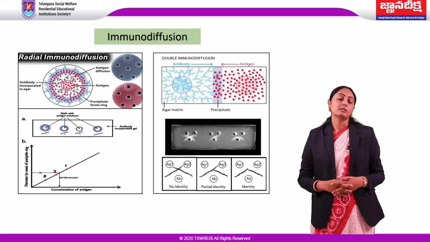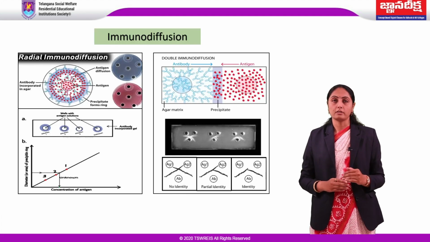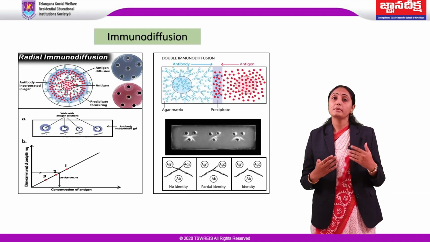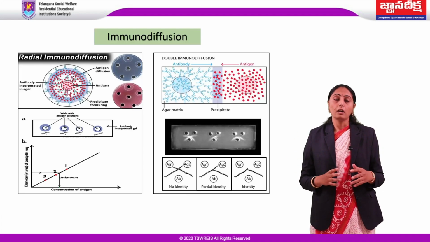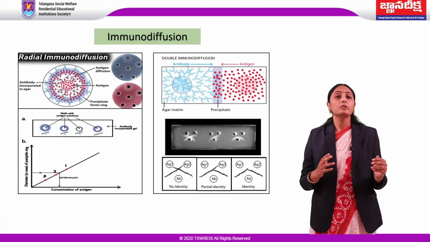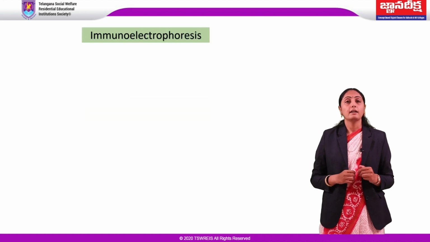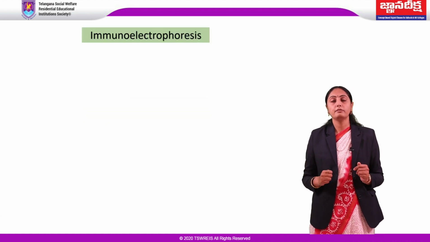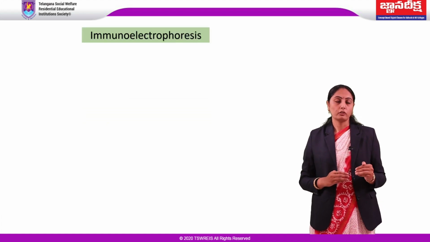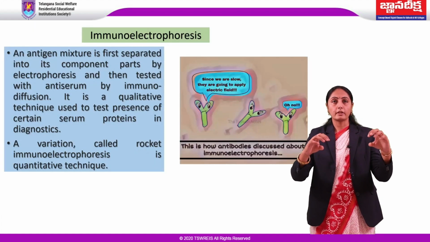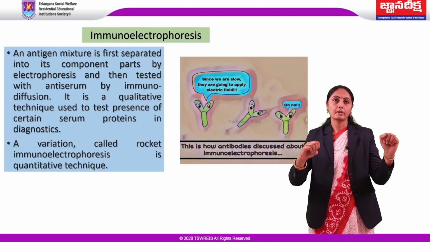Since immunodiffusion is a slow process taking nearly 12 to 14 hours until the precipitin lines are visible, a newer technique called immunoelectrophoresis works faster as it combines electrophoresis with immunodiffusion. In immunoelectrophoresis, the antigen mixture is first electrophoresed on agarose gel.